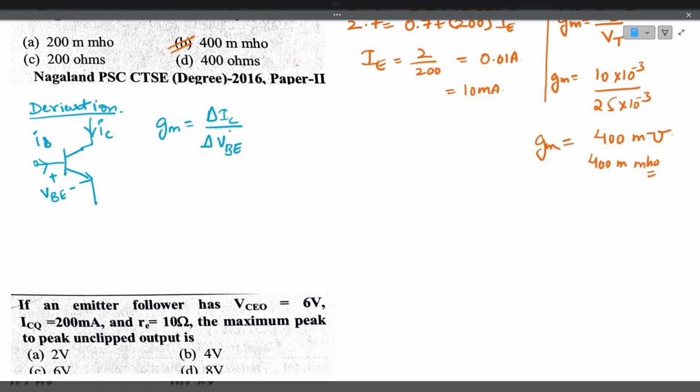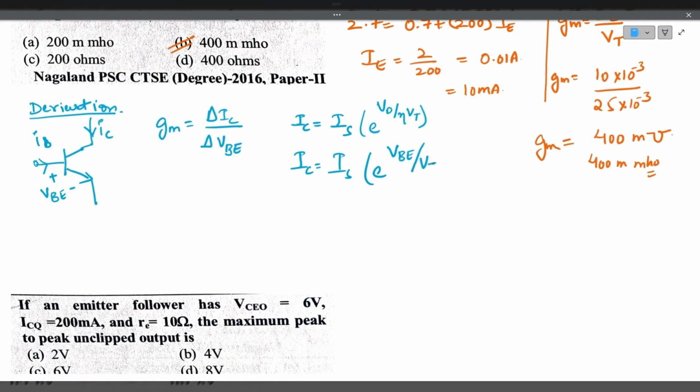So here the collector current can be written using the diode current equation. IS is the reverse current, e to the power of VD divided by eta VT. This is the diode current equation. Similarly, we write the collector current as IS e to the power of VBE, the base-emitter junction voltage, divided by VT, where eta is generally considered as one.